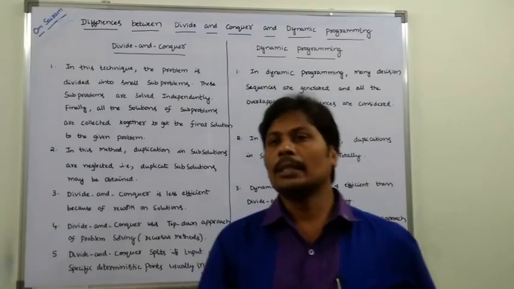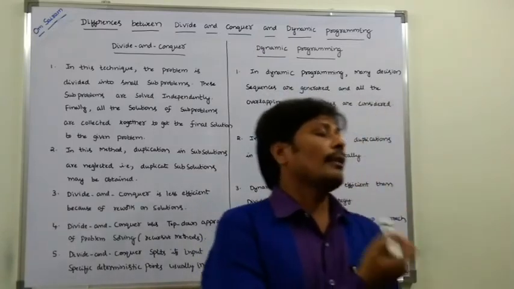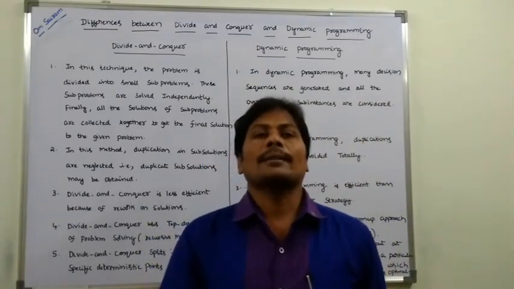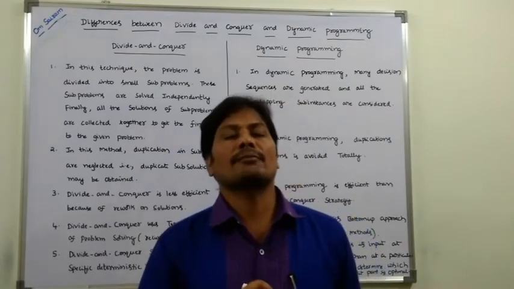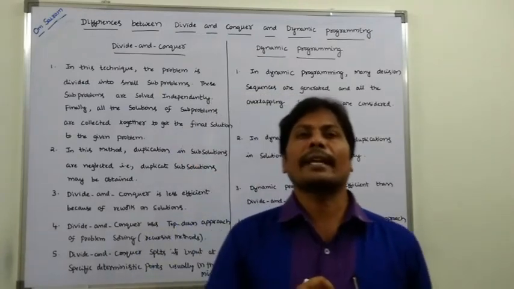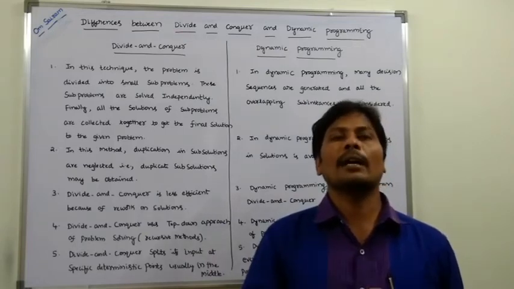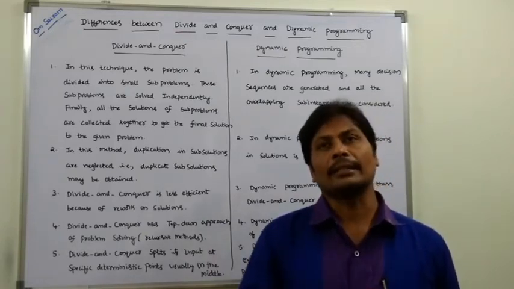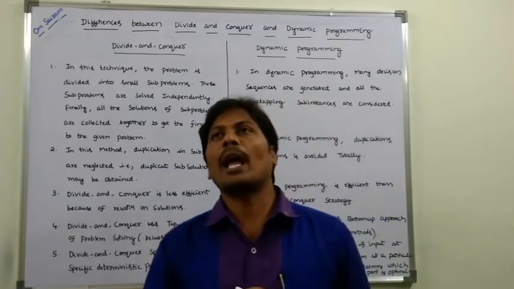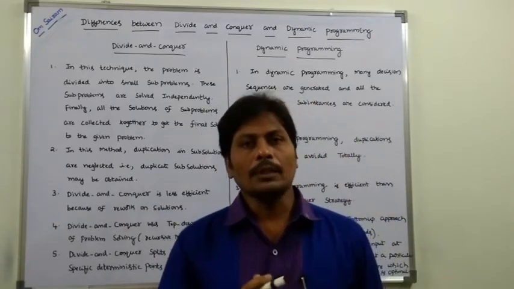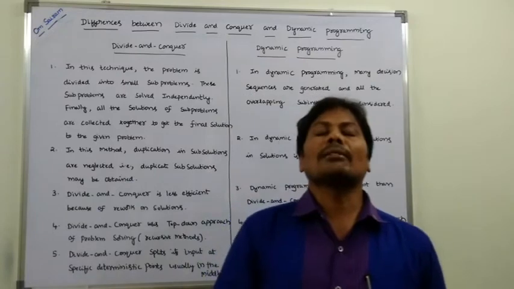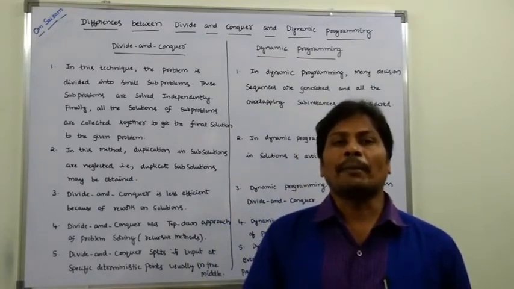Next, another one is dynamic programming. Dynamic programming is also an algorithm design technique. It is somewhat difficult compared to the divide and conquer technique. In dynamic programming, we use the principle of optimality.